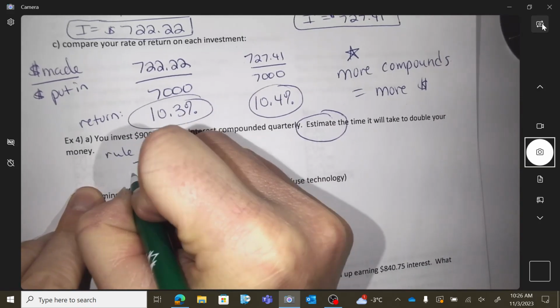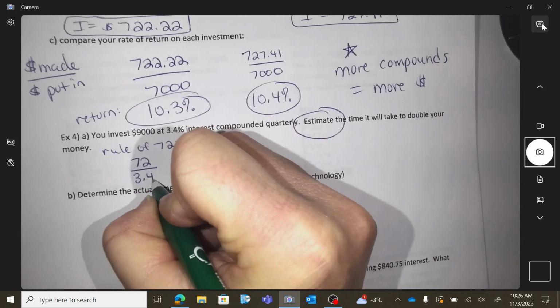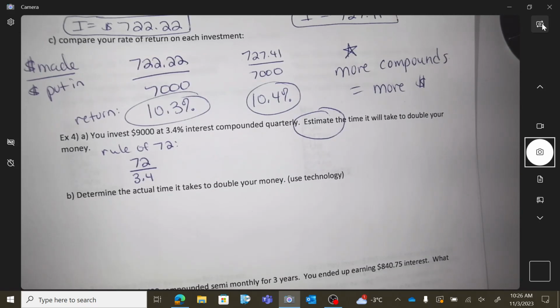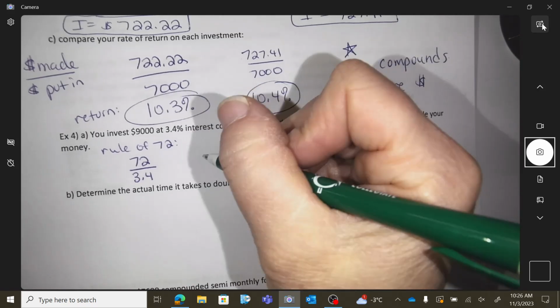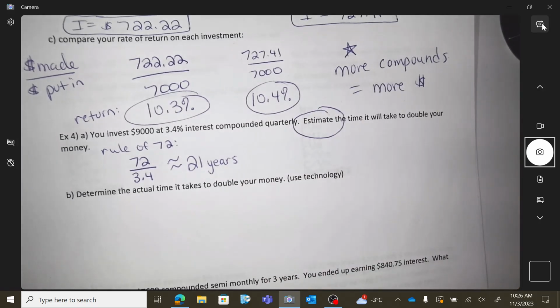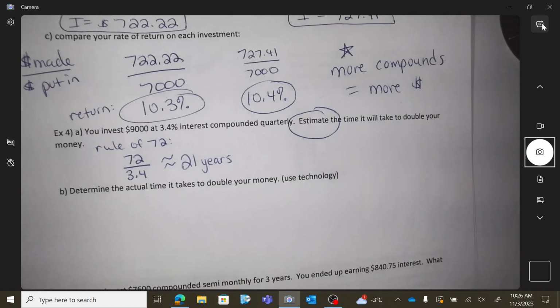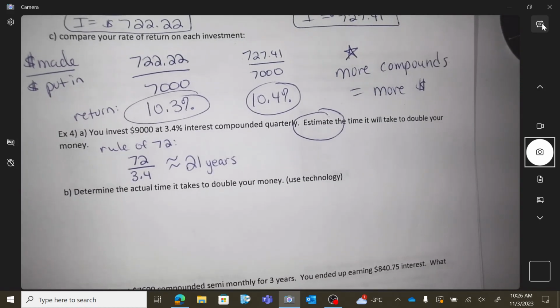So 72 divided by I. So what am I replace I with? 3.4, not the decimal part.